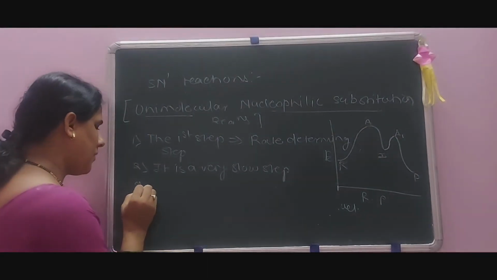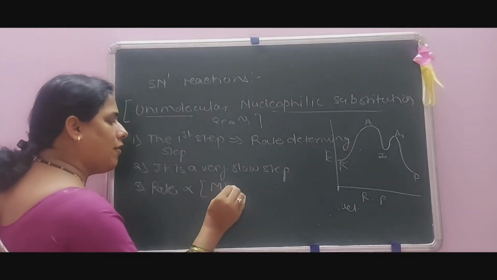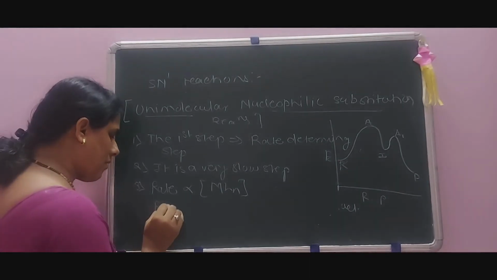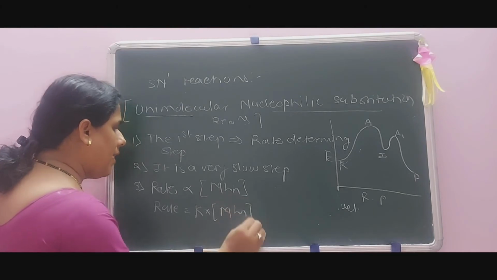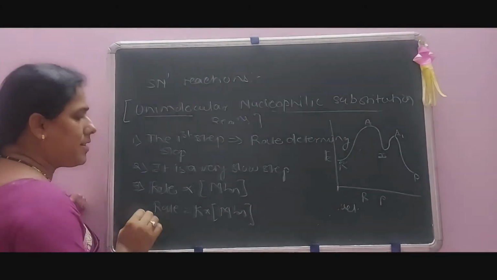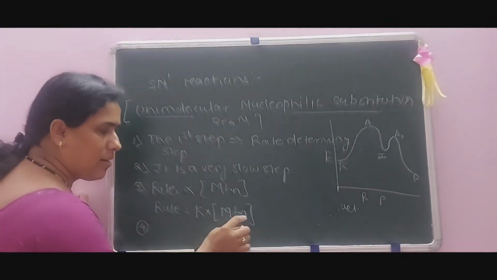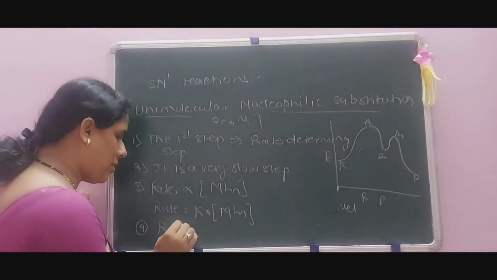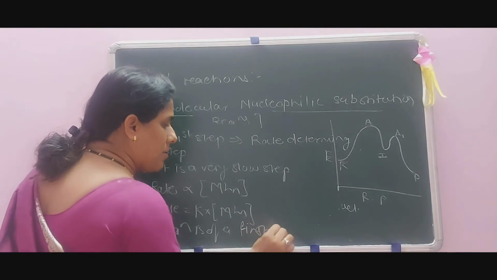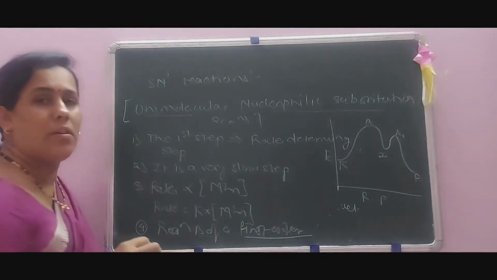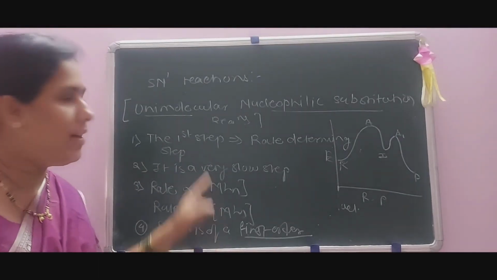Third, the rate of a reaction is directly proportional to the concentration of MLn. Therefore, rate is equal to k into the concentration of MLn. And the last point is, as the rate is dependent on the concentration of only one component, the reaction is of first order.